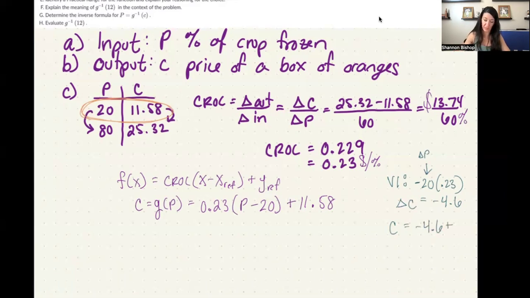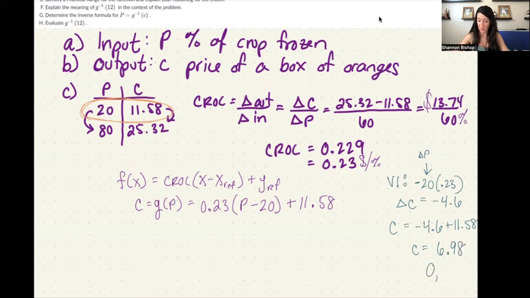So again, I was building from this ordered pair. So 11.58 is my reference cost. So negative 4.6 plus 11.58, add those up, and the vertical intercept would have been $6.98.